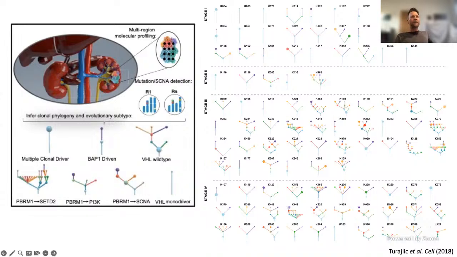What they did is they removed these tumors and then they did multi-region sampling. So they removed several samples from different parts of the tumor. They sequenced each one, and from looking at which mutations were present in each sample, they were able to construct trees, and they were able to construct a lot of trees. So these are examples of some of those trees.